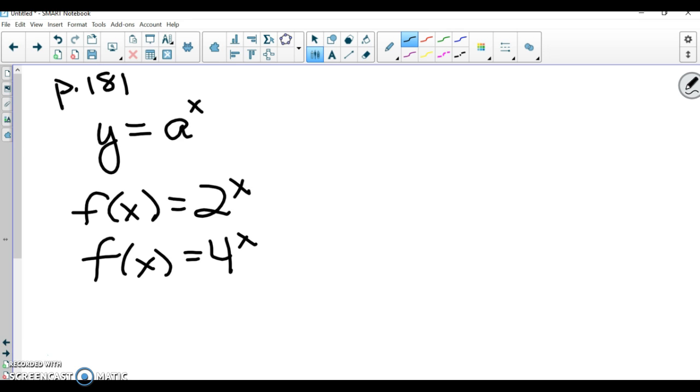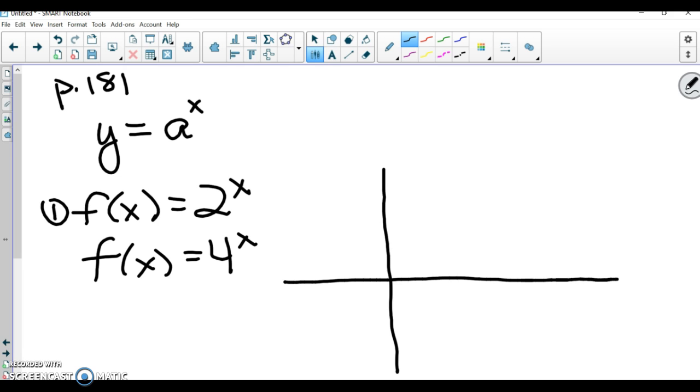Now, considering the nature of these bases, we can predict that f of x, the first one, will grow exponentially, but compared to the second one, with a larger base, will not grow as quickly, a base being raised to a higher and higher power.